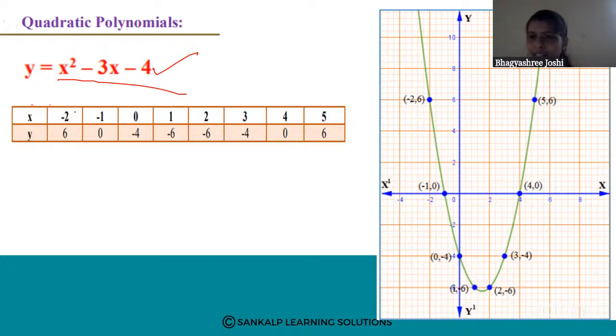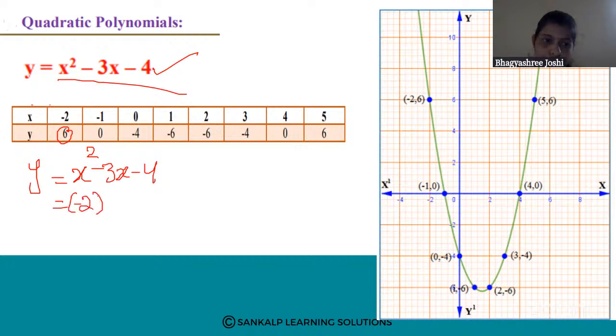How do we plot it? If we take x is equal to minus 2, what happens? We get 6. Try it and see, if I sit and do it now it will get late. So y is equal to x square minus 3x minus 4. If I take x is equal to minus 2, what will happen? Minus 2 square, minus 3 into minus 2, minus 4. So minus 2 square is 4, 4 minus 3 2s are 6. Minus into minus is plus, 6 minus 4.